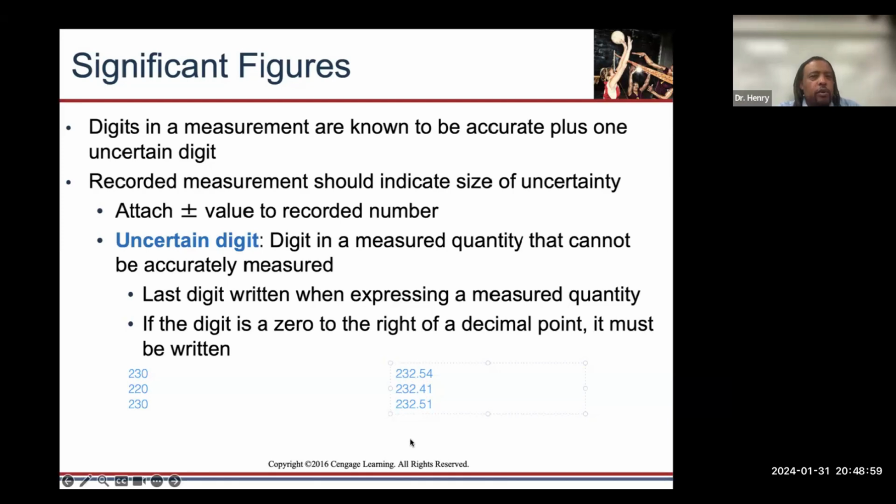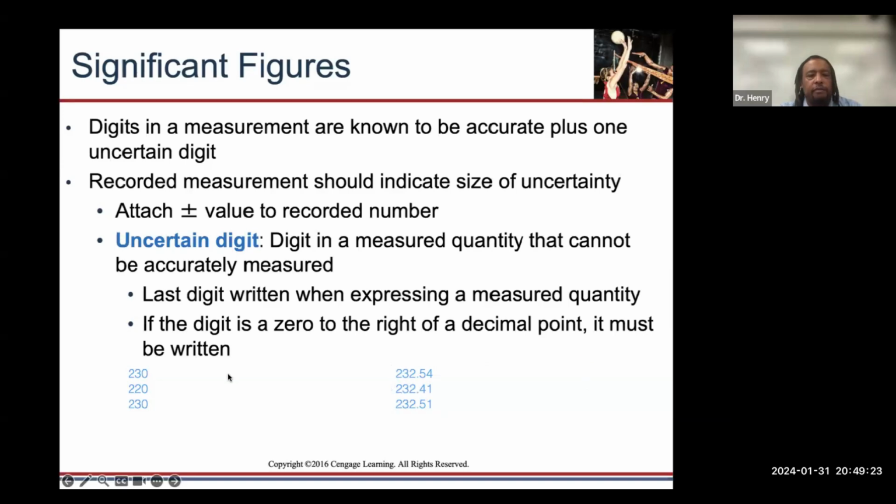Rather than always attaching a plus or minus to things, we've wrapped it up in terms of significant figures, and we'll show our data based upon those number of significant figures. I'll show you what I mean by that in a minute.